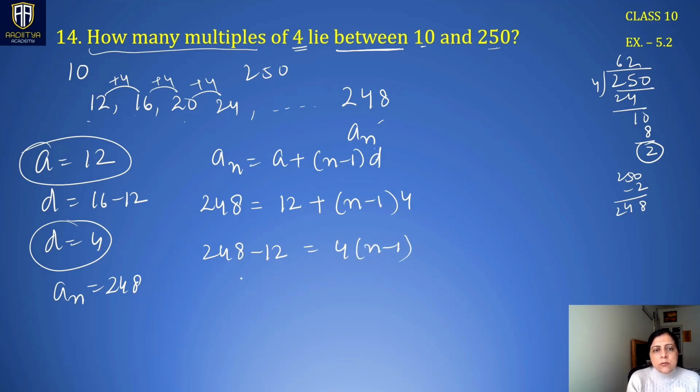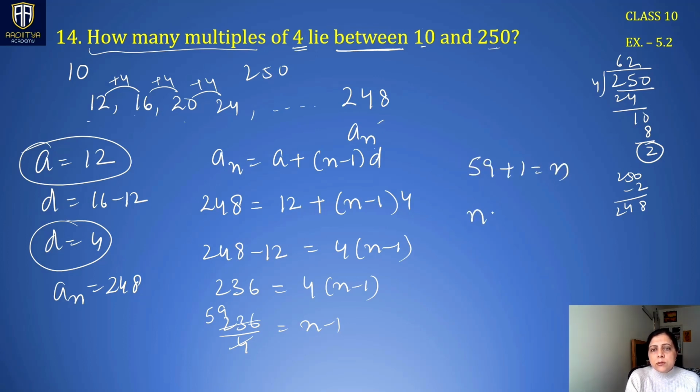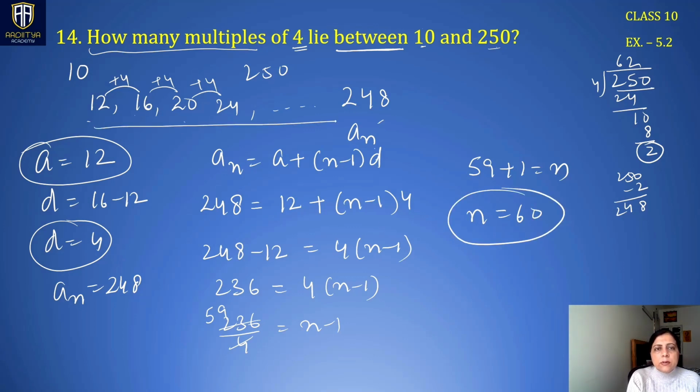This is 236, equal to 4 times (n minus 1). 236 divided by 4 is n minus 1. 4 fives are 20, 4 nines are 36. So 59 plus 1 is equal to n. So n becomes 60. That means in this whole sequence we have 60 numbers, or you can say A60 is 248. Right?